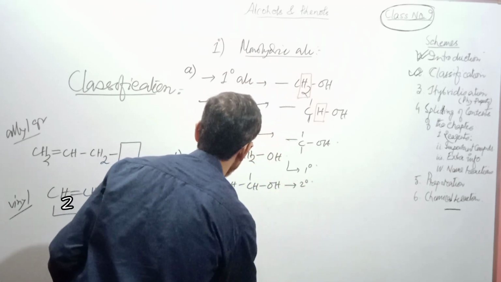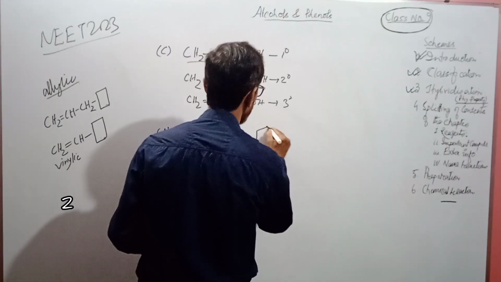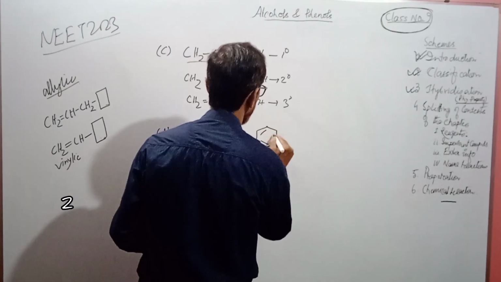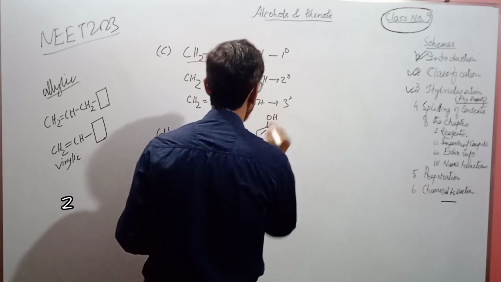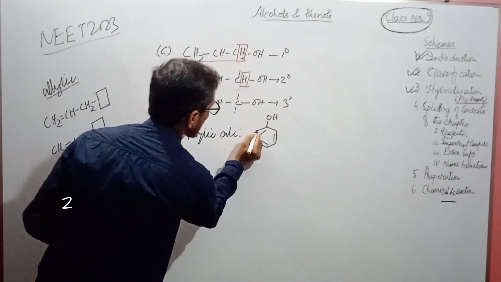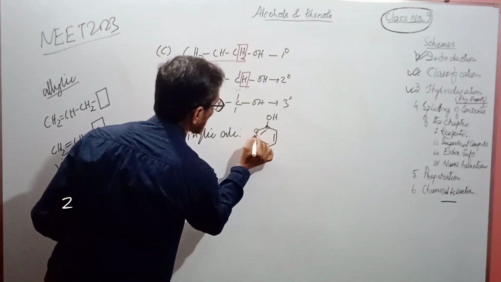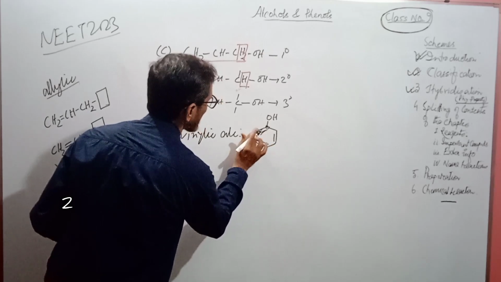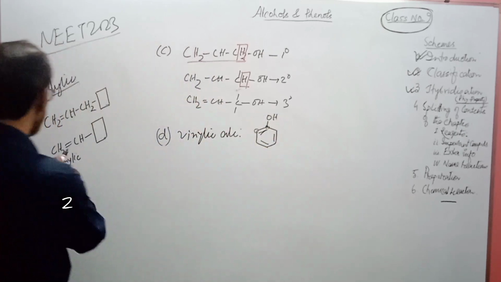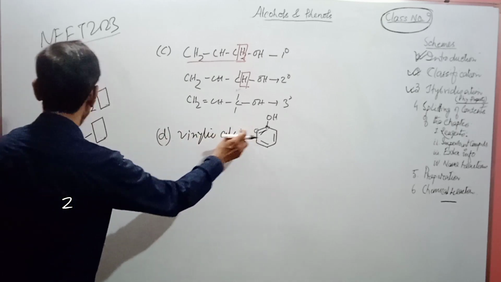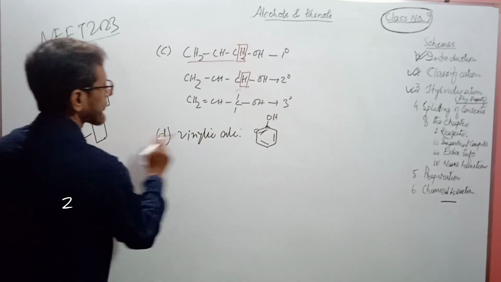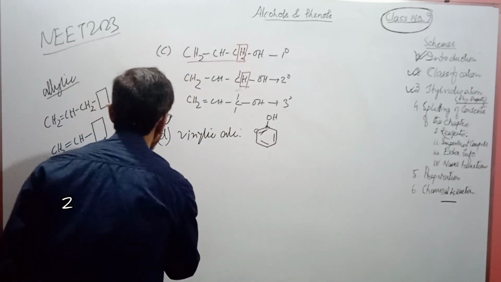Example: this is vinyl alcohol, because here there is one carbon, here there is one carbon, and these two carbons have a double bond: CH2 double bond CHOH. So it is vinylic alcohol.